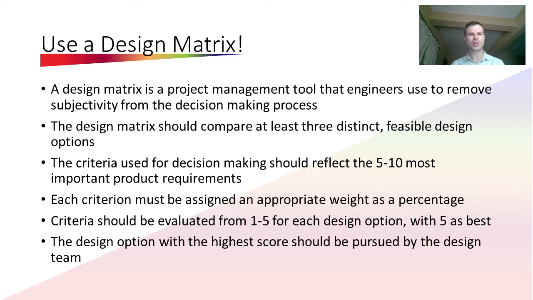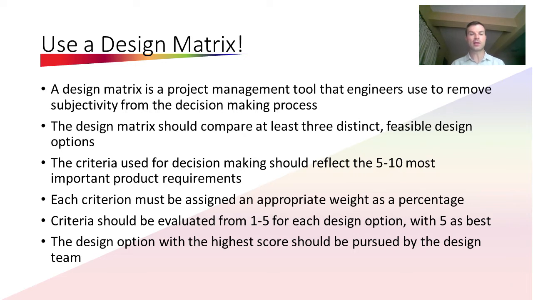So when you're structuring a design matrix, you'll want to go back and look at the different solution options that you and your design team developed together during the brainstorming process and choose three distinct and feasible design options.